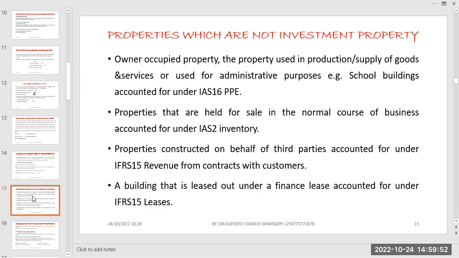We shall understand these leases when we get there, because this standard was modified, and the operating and finance lease, when you reach there, are not separated a bit. So we shall learn those when you reach there. But just know for now, buildings that are leased out under finance lease are accounted for under IFRS 15, that is leases. So that's basically what we can talk about.